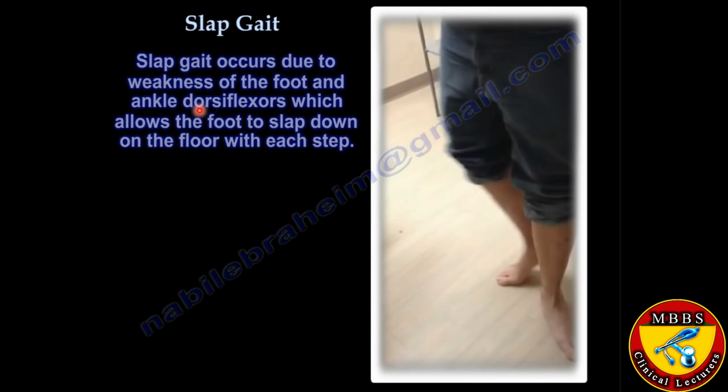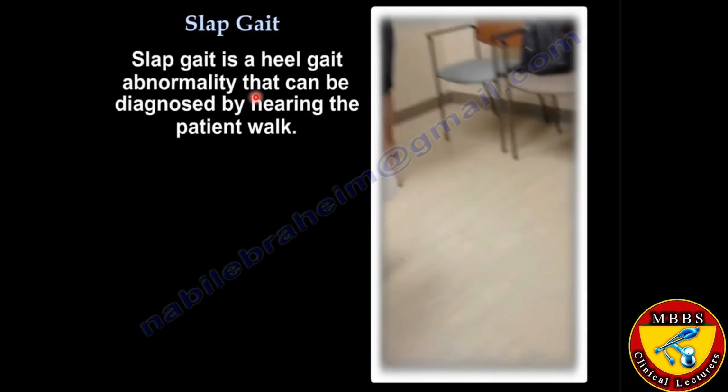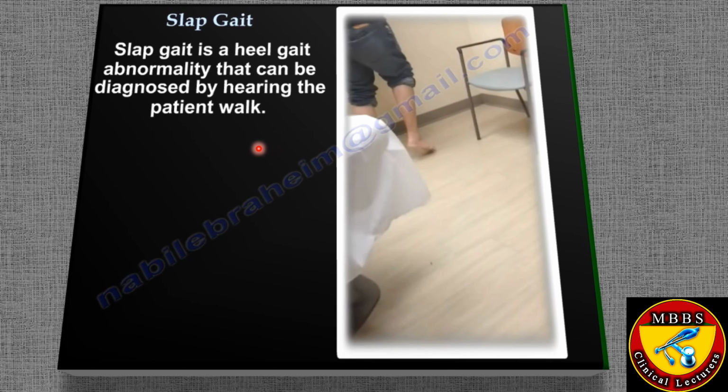Slap gait occurs due to weakness of the foot, and it is a gait abnormality that can be diagnosed by hearing the patient's walk or from the patient's history. He will complain, I feel weakness on the anterior and lateral side of my leg, and when I walk I cannot lift my foot completely. The toe side of my foot stays at the ground, or swings along the ground, so it does not clear the ground.